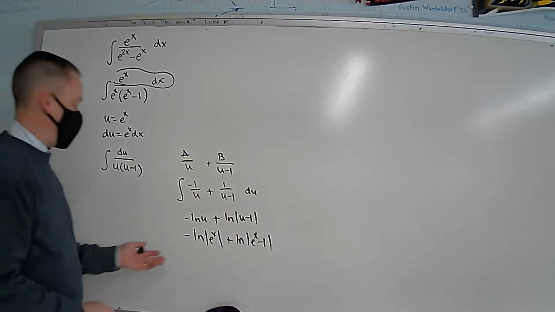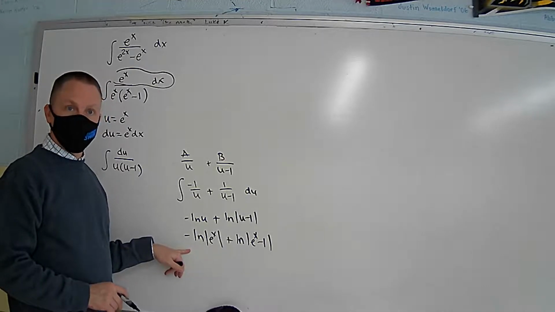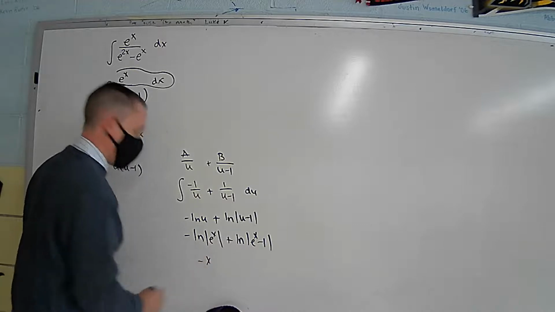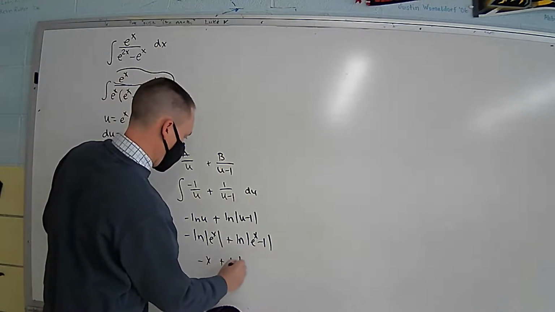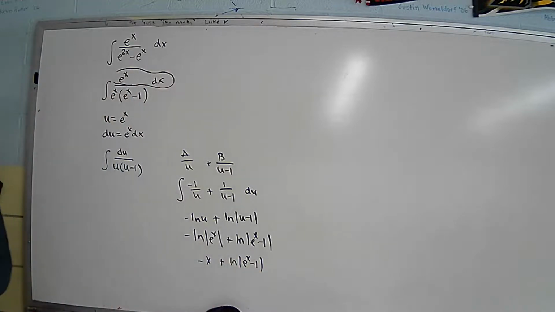And I'm going to simplify this because this is embarrassing to leave written that way. If we leave something written like this, we should be embarrassed. The negative natural log of cosine x is just negative x. Now I can't do anything with the second term because I can't distribute that log.